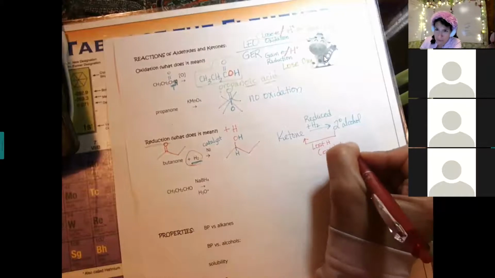So we go from a ketone to a secondary alcohol. So that's when you add hydrogens. So that's reduction. I don't know if you remember, but we did secondary alcohol to a ketone, where we lost hydrogens, or we went through oxidation. So all we're doing is undoing the reactions we did last Wednesday.